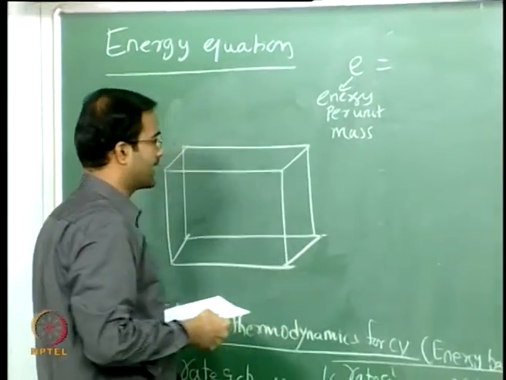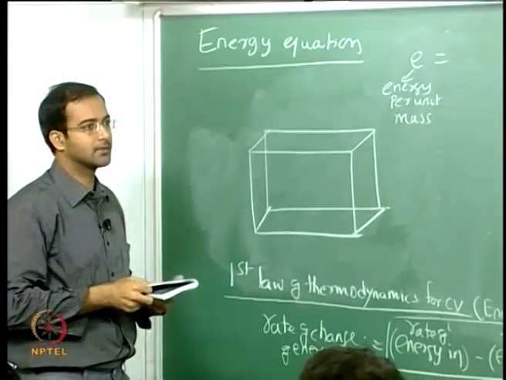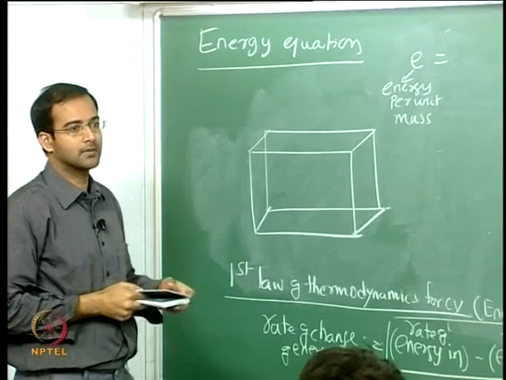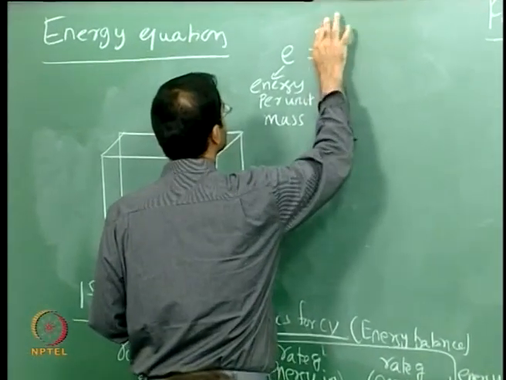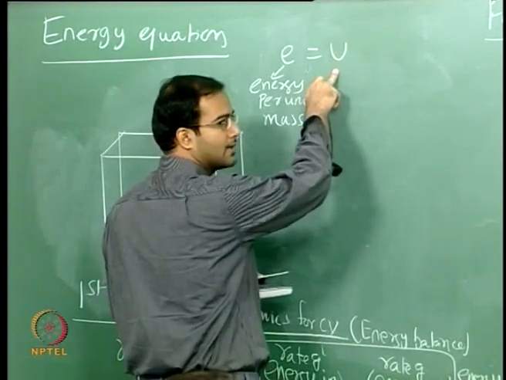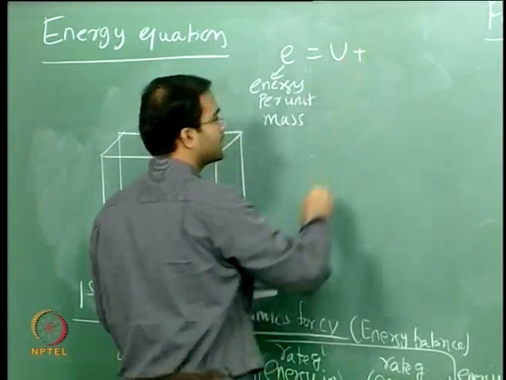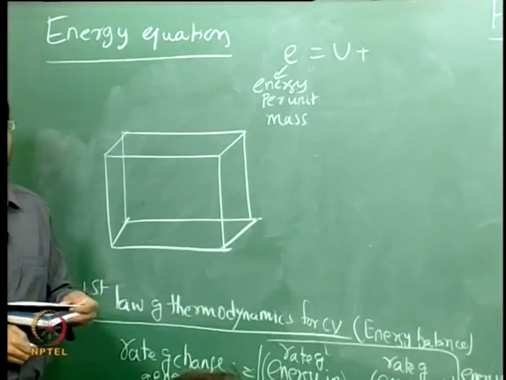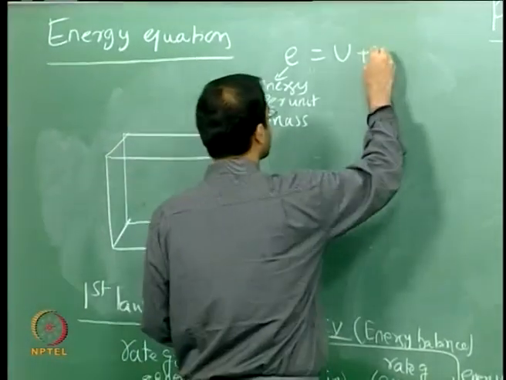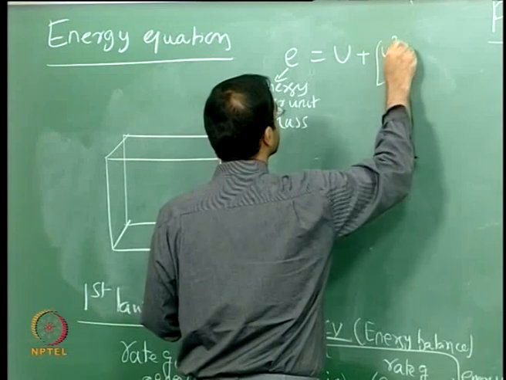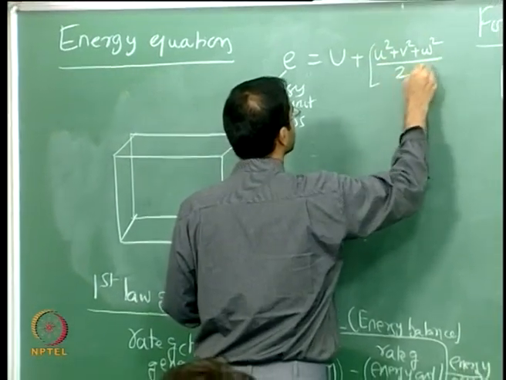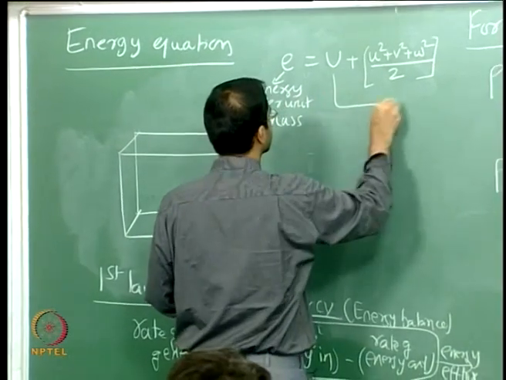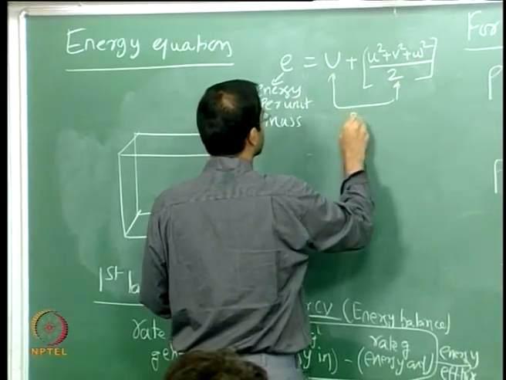If you look at the energy of a system, the total energy has contributions from its internal energy, let me call that U, the internal energy per unit mass, plus the kinetic energy term, u square plus v square plus w square by 2. These are also per unit mass.